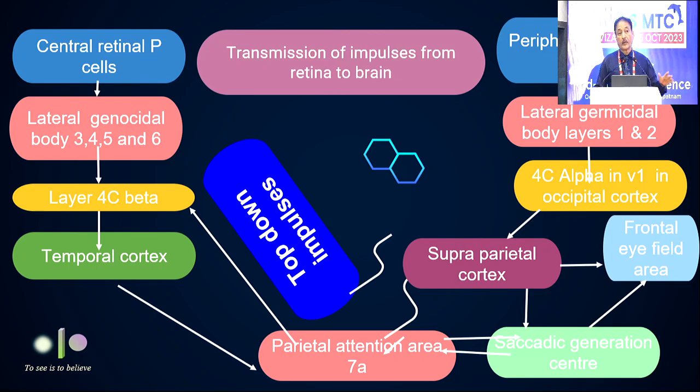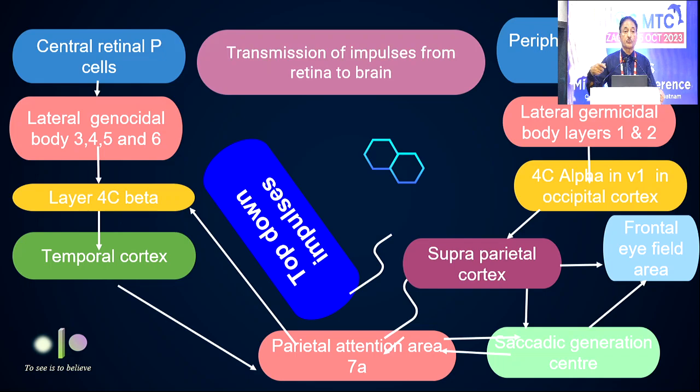Whenever you stimulate the peripheral retinal cells, M cells, otherwise called magnocellular cells, the impulses reach the parietal lobe much before the occipital cortex is stimulated by the P cells. The P cells are in the center, whereas M cells are in the periphery.